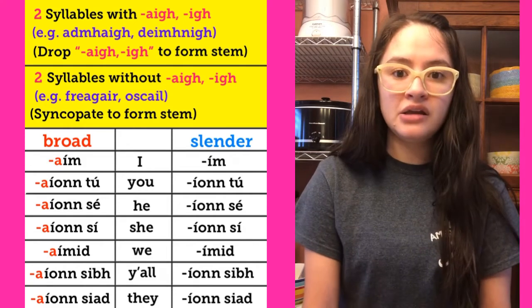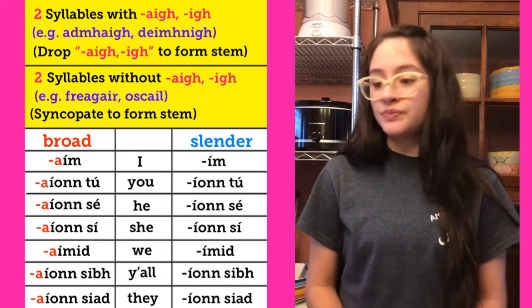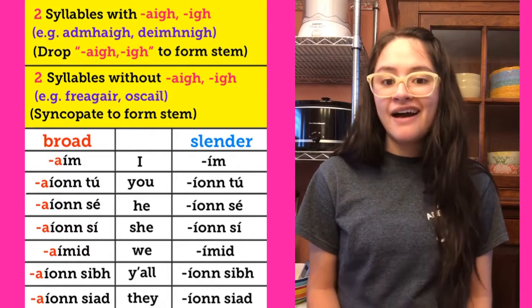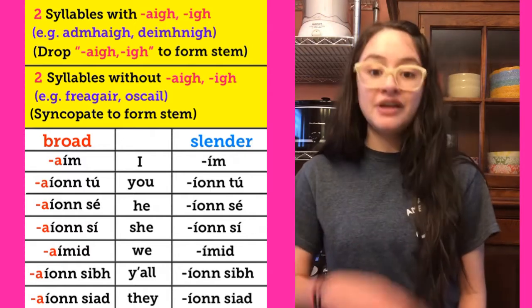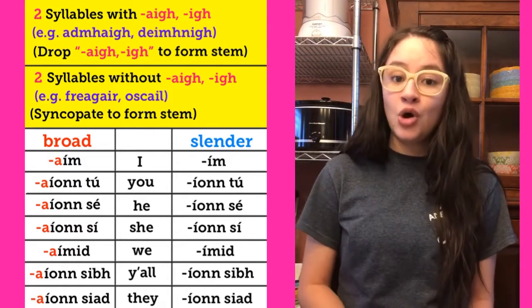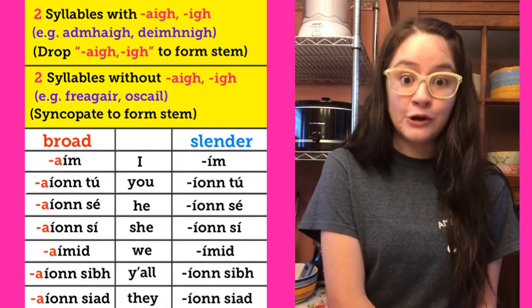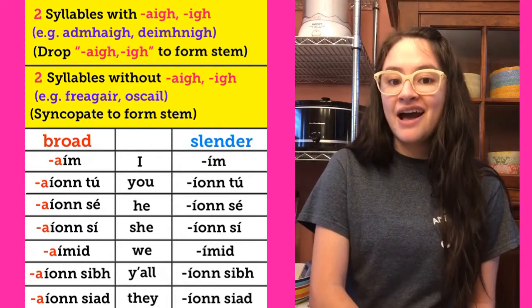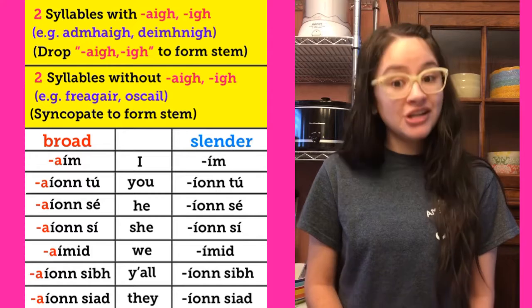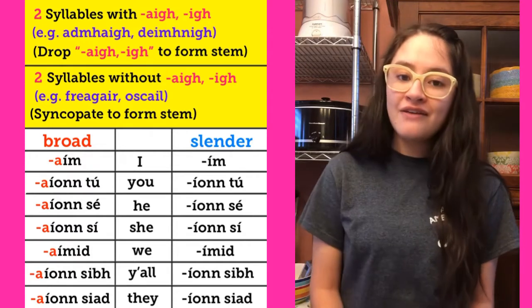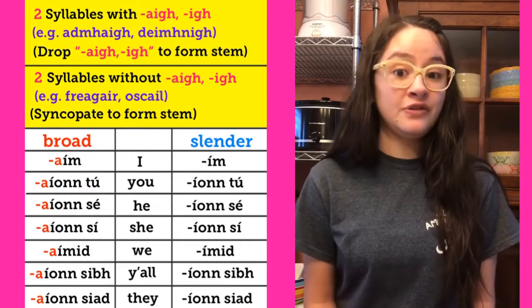That'll sound like eemid for either one of those. Y'all would be A-I fada O-N-N sibh if it's broad, and I fada O-N-N sibh if it's slender. They would be A-I fada O-N-N siad if it's broad, and I fada O-N-N siad if it's slender.